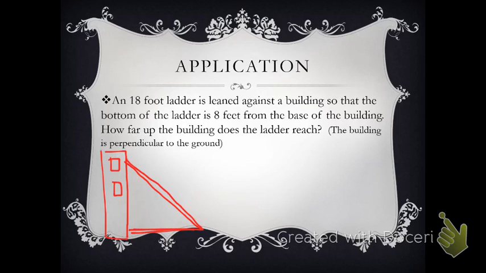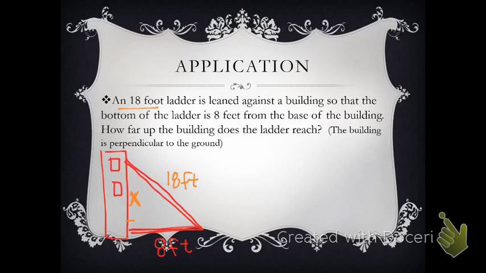And the base of the ladder is 8 feet away from the base of the building. How far up the building does the ladder reach? So I want to know how far this is. Oh, and then I missed the ladder is 18 feet long.